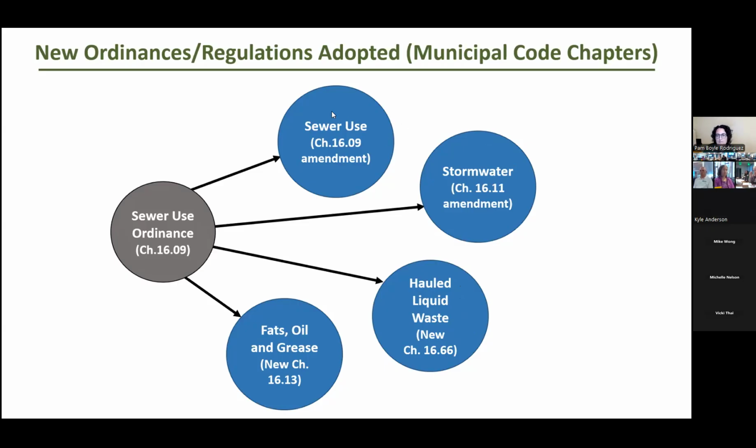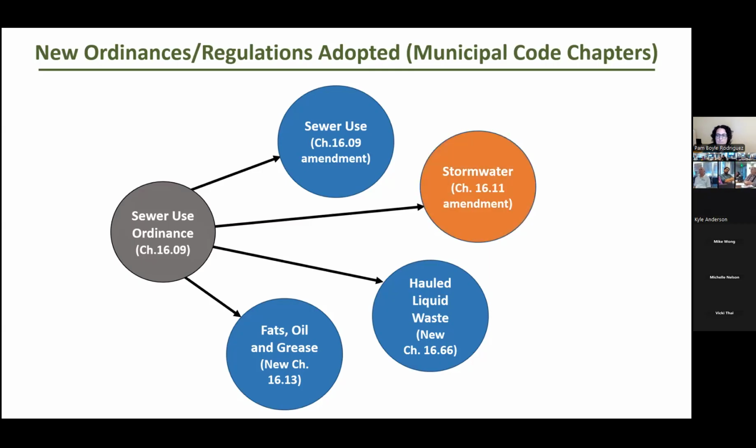Starting in 3 days, all 4 of these will be effective. We're not sure when they will be in the actual municipal code, but they have been sent to the third-party company to upload them, so they'll be available online. What we're doing now is working on implementing this stormwater chapter 1611 amendment. All the requirements that are in the MRP are now very closely authorized in chapter 1611.